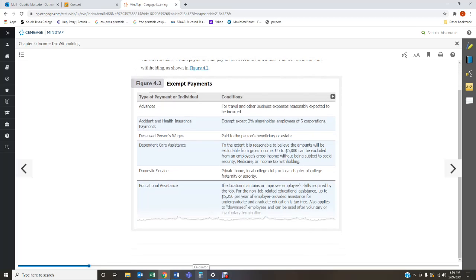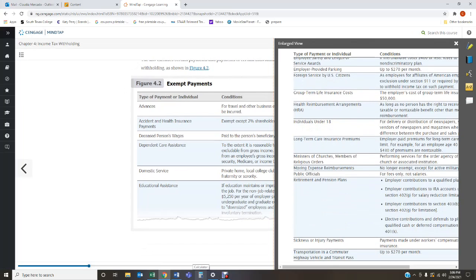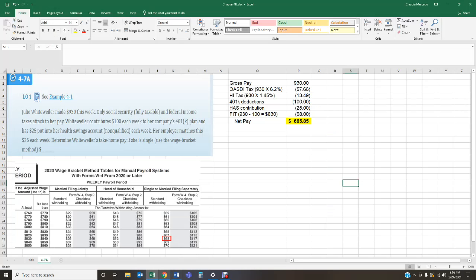And I'm not going to go through all of this because as you can see, the list is pretty intensive. It's a lot of information and I don't want to bore you with all of this, but just make sure that it is there and that you do browse or read through it. That way you are familiar with the items that are exempt. Okay, so that is how you calculate this problem.